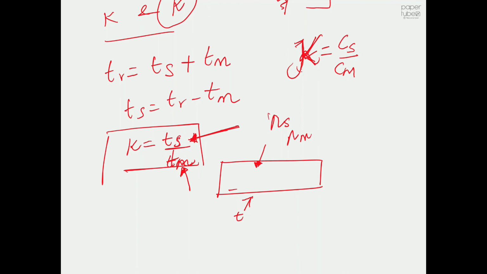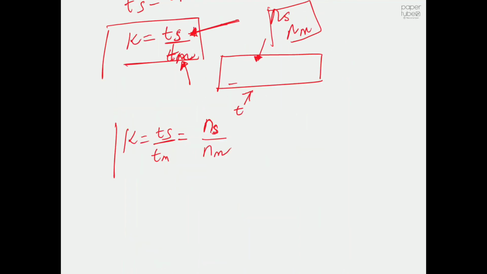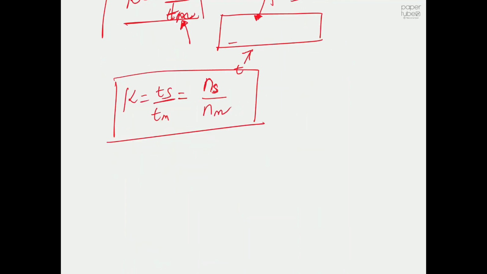If you take that ratio K, Ts by Tm, that will be roughly equal to the ratio of the number of molecules of your analyte in the stationary phase and the number of molecules of your analyte in the mobile phase. This ratio will be exactly equal.